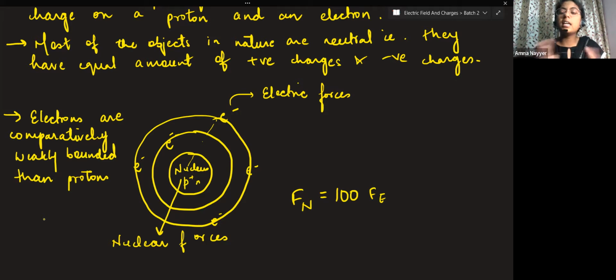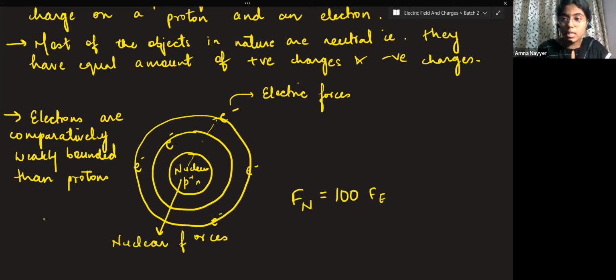Whenever two bodies are charged, we'll see charging of bodies and methods of charging in today's class only, transfer of electrons occurs. It is not the protons that transfer, it is the electrons that transfer from one body to another, making the body negatively or positively charged by the amount. It depends upon the number of electrons.